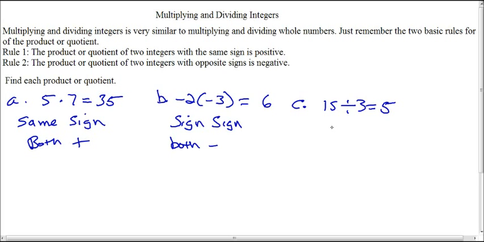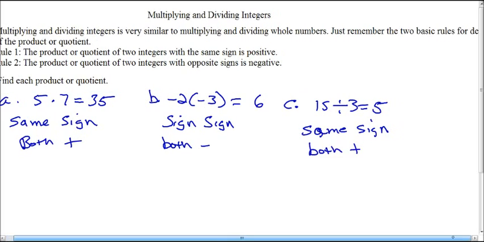Again, same sign, both positive. So in this case, our quotient is positive. Let's take a look at another one, if you don't mind.